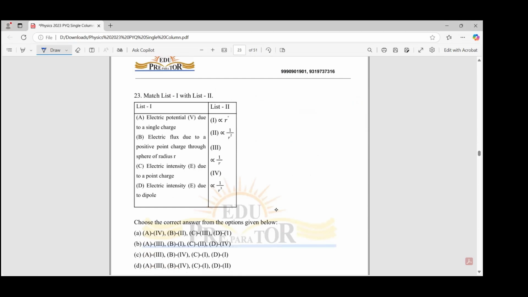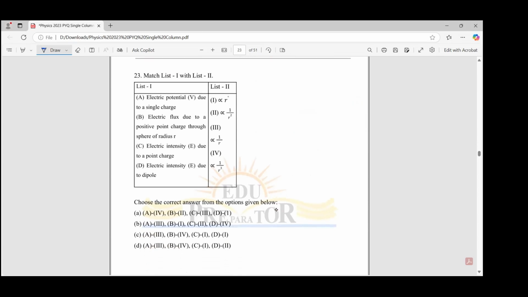Now this 23rd question, again, I just told you people right in the beginning of the chapter discussion that all the formulas should be by heart because you'll be using your knowledge to solve the MCQs. So here we have the three quantities: potential, flux, and intensity variations. So as we all know that the potential of point charge is inversely to first power of the distance.